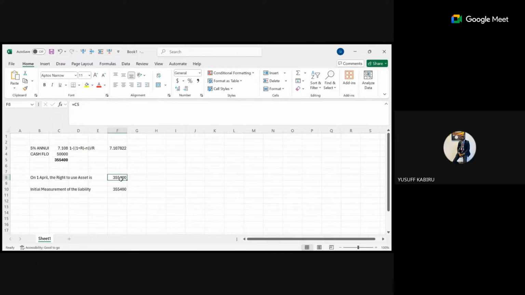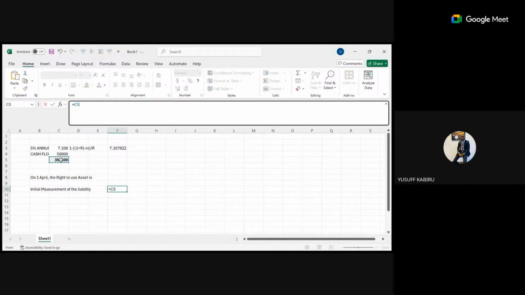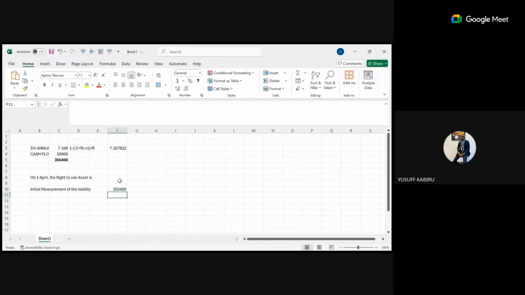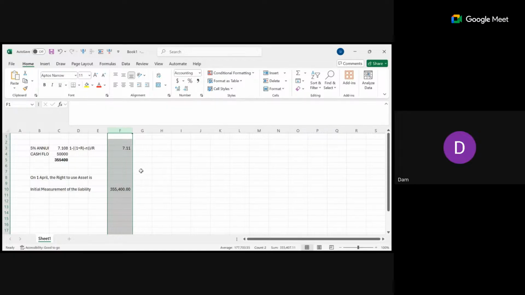So let's take away this here. Rather, let me link it directly from what we calculated here. Yes. So the next one, we are measuring assets.